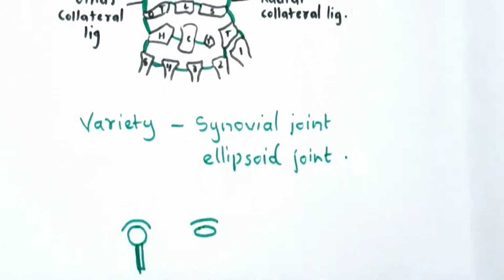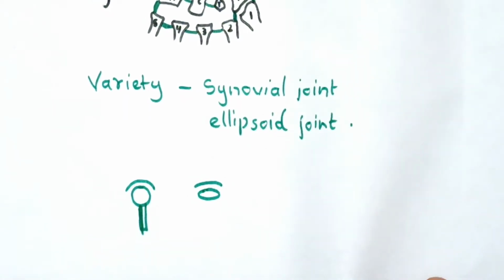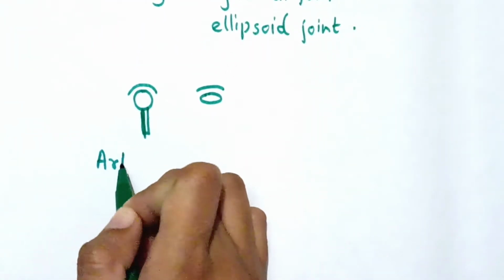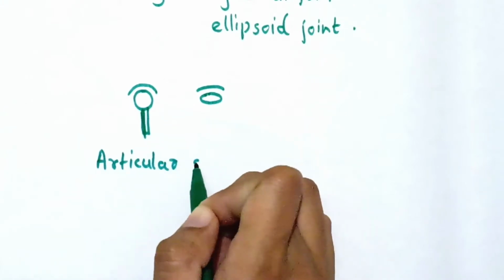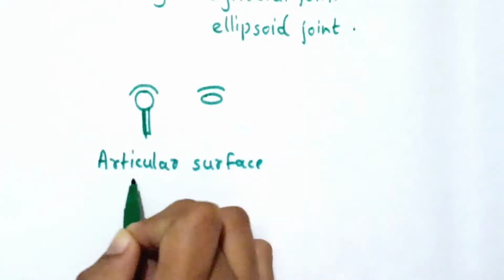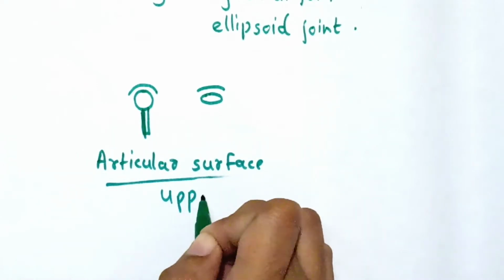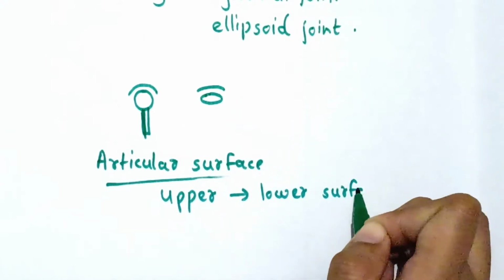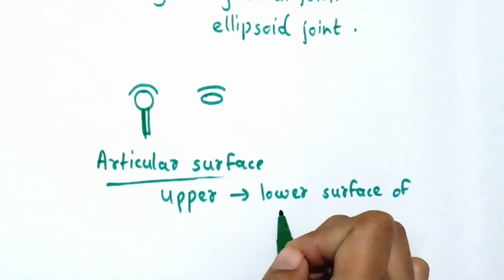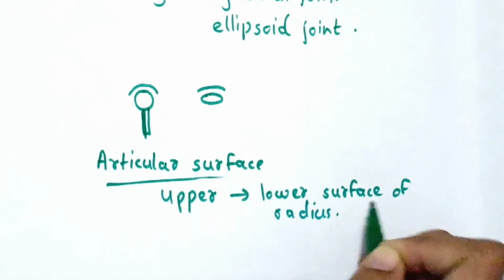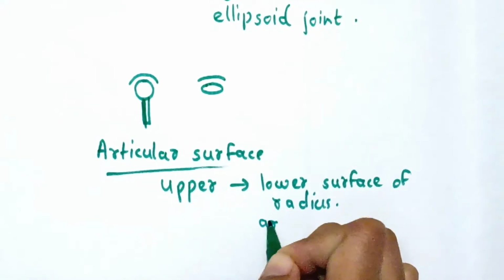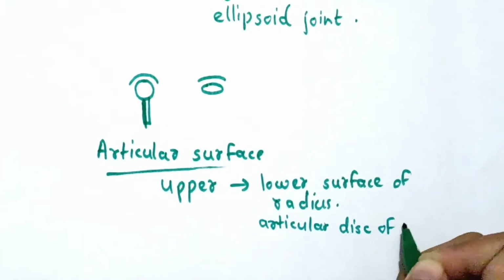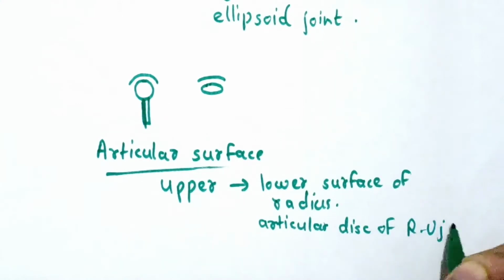So let's see the articular surfaces now. The upper surface is formed by the lower surface of the radius and also the articular disc of the lower radio-ulnar joint.